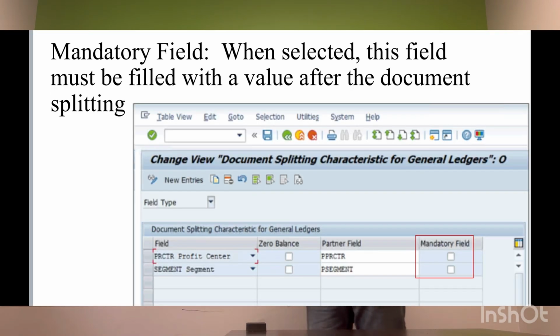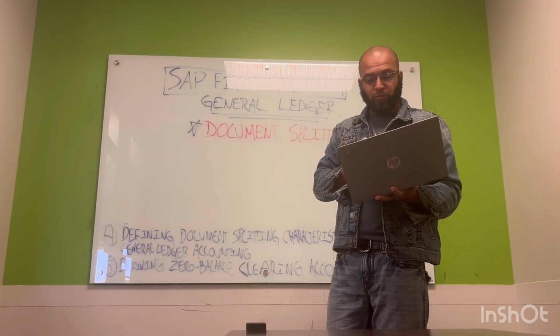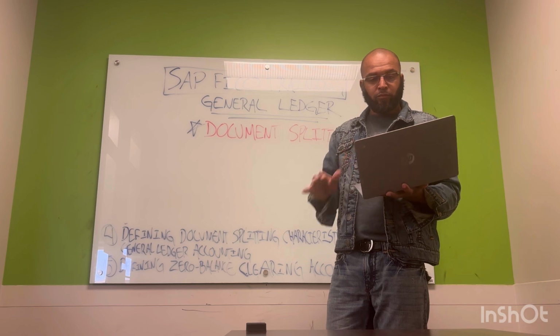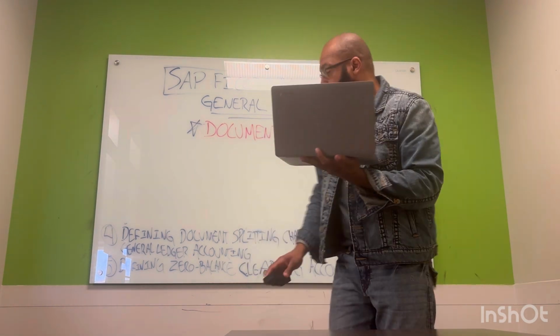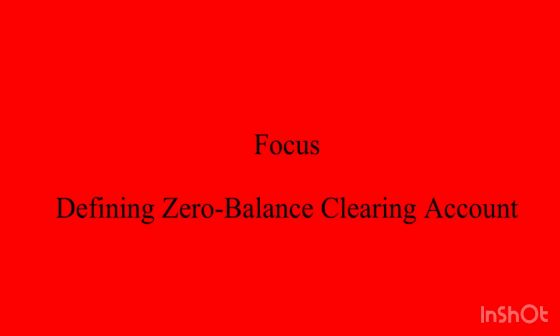Next line. Mandatory field. When selected, this field must be filled with a value after document splitting. All right, and we're moving right along as promised. Ain't gonna be here long at all, are we?